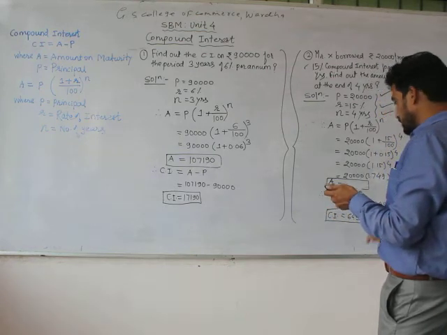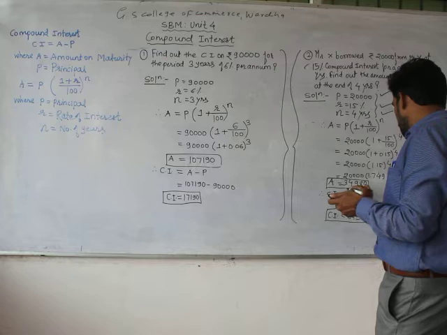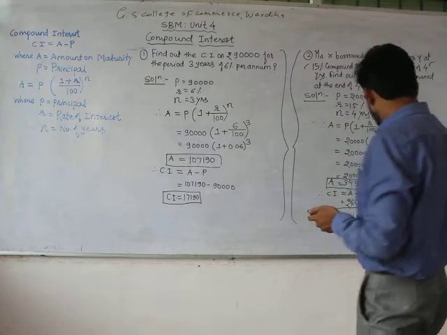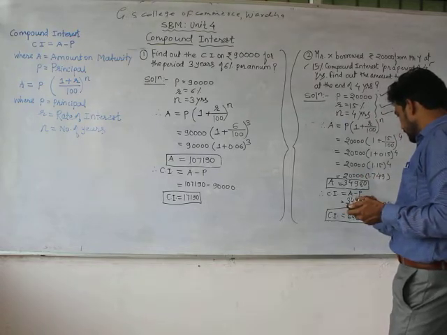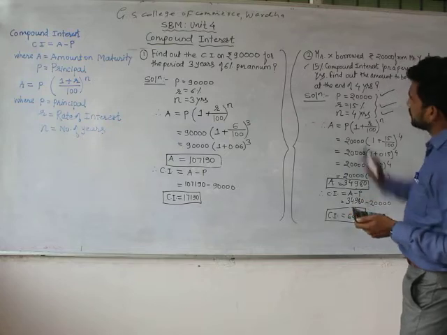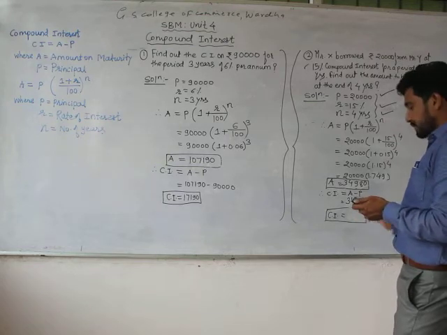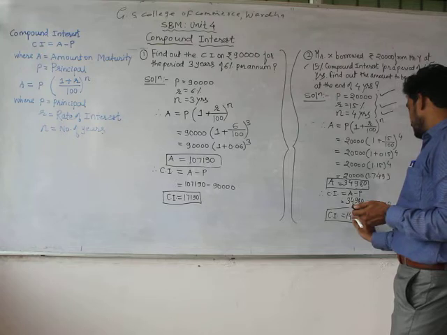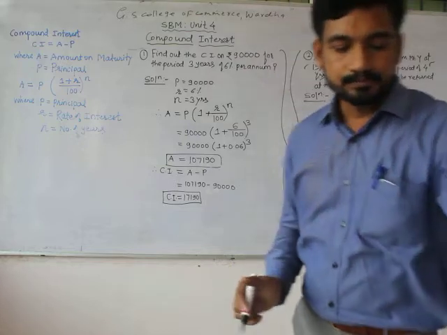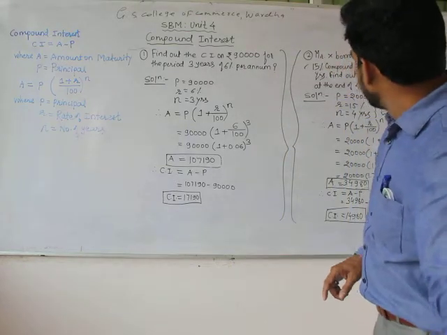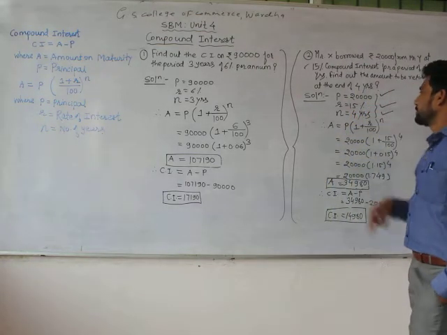So it will be 34,980. So now it will be 34,980 as the amount on maturity, minus 20,000, the principal, so the change will be in our answer also. It will be 14,980. That is the compound interest that has to be paid after 4 years on the principal amount of rupees 20,000 at the rate of 15% for 4 years.